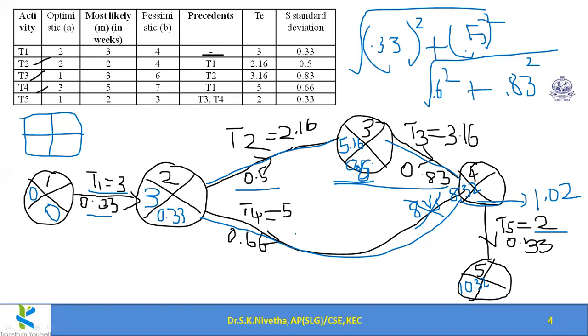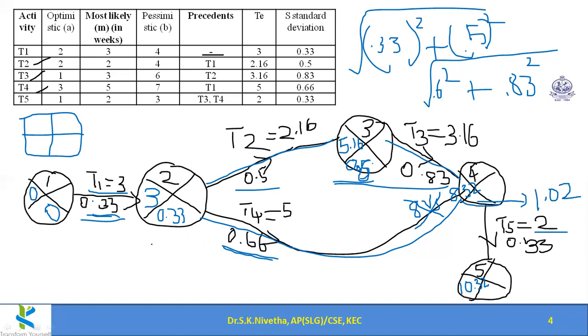Now we have to cross verify if this is crossing that. 0.33 whole square plus 0.66 whole square and total square root. Obviously, by simply seeing the value, it will be lesser than that.